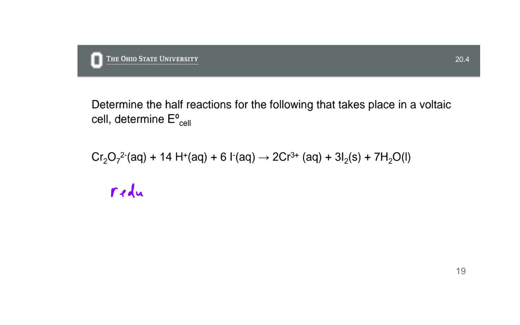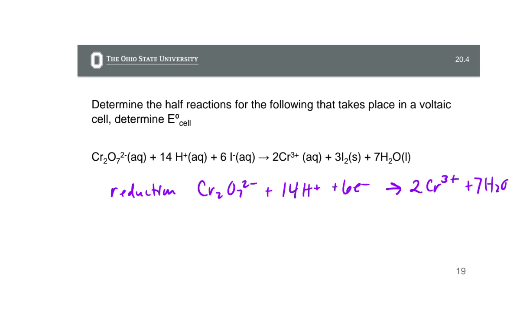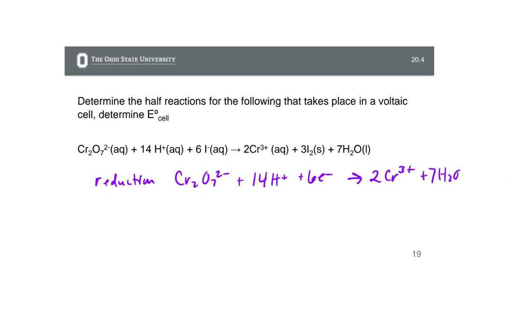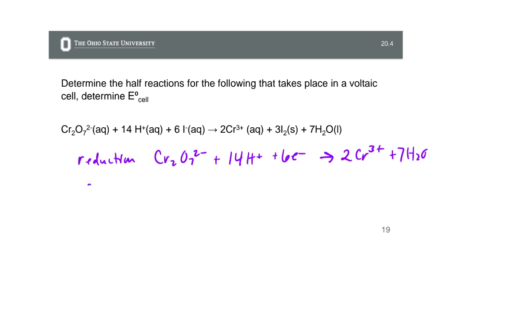So for our reduction reaction, we had Cr2O7 2- plus 14H+ and 6 electrons, forming 2 Cr3+ and 7 water. We're going to calculate the cell potential for these. We already determined that the reduction reaction was the chromium half reaction and the oxidation is the iodine containing half reaction.